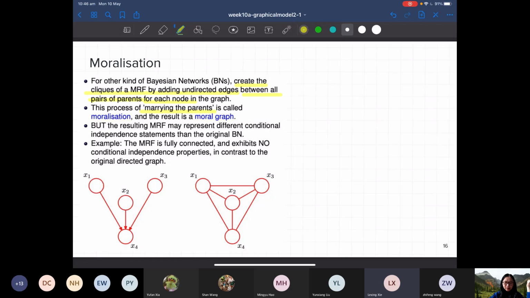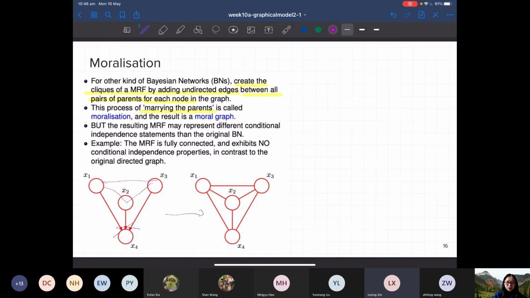For example, the process of moralization for this simple four-node graph with a head-to-head pattern is we connect all of these parents, right? So basically if two nodes are co-parents of something else, we connect them. And then we remove the edges. Then we get this.